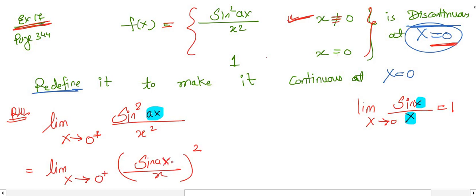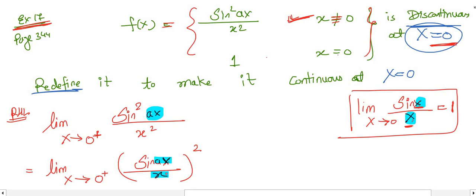They are not equal, so we cannot apply this formula. This formula is applicable when the two match: if it is 2x and 2x, 3x and 3x, or kx and kx, then it is 1.